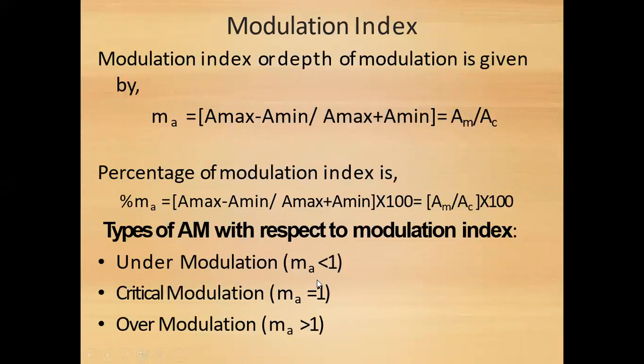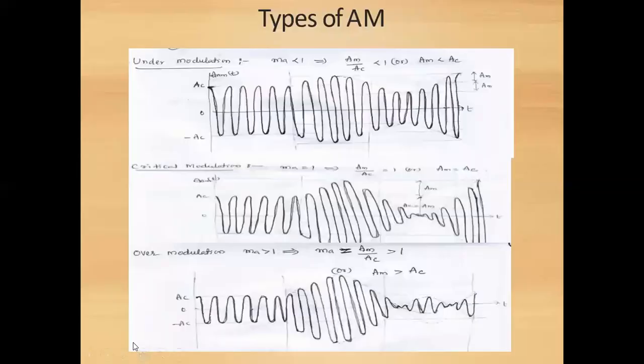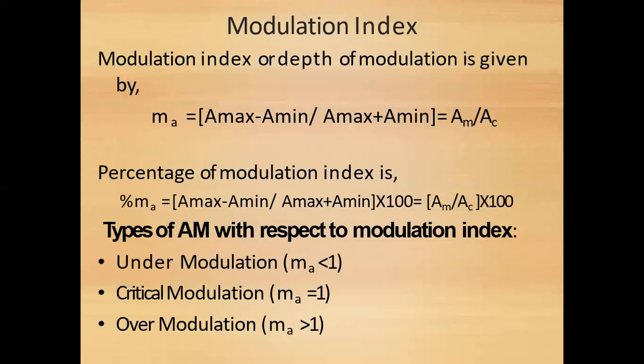Depending upon its value, the modulation index is divided into three types: under modulation, critical modulation, and over modulation. If ma is less than 1, it is called under modulation. If ma is equal to 1, it is called critical modulation.